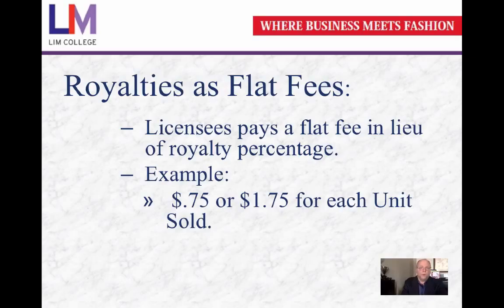But if it sells for $2, they're not going to make a big profit. There's not a lot of margin there. Sometimes, not often though, royalties are based on flat fees. Again, this may be another true or false question. Can a licensee pay a flat fee in lieu of a royalty percentage? Yes, they can. It's usually based on a certain amount for each unit sold.